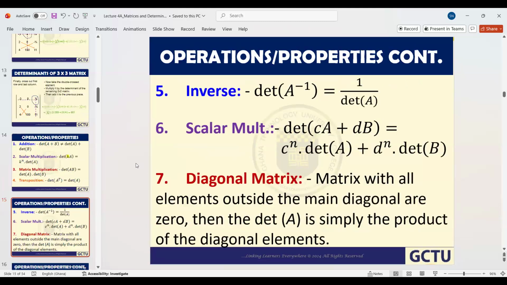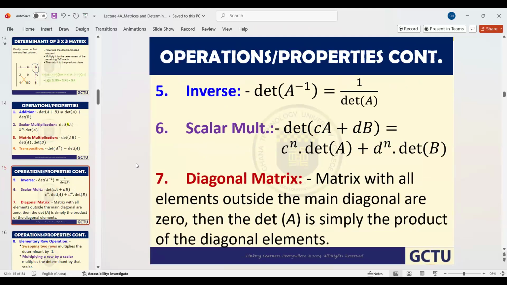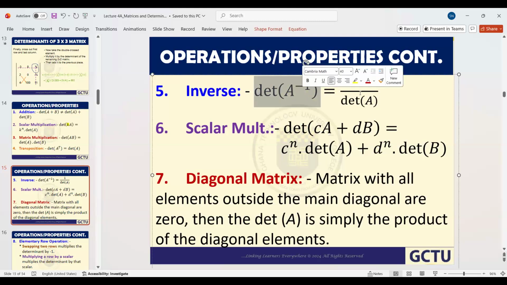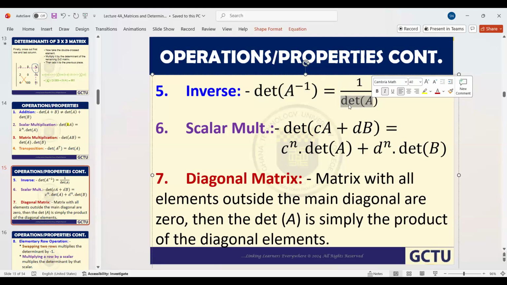Now, when you come to the next slide, when you're asked to find the inverse of a matrix and find its determinant, it can be written as 1 over the determinant of the matrix. So instead of finding the inverse and then the determinant, just find the determinant and take the reciprocal of it.